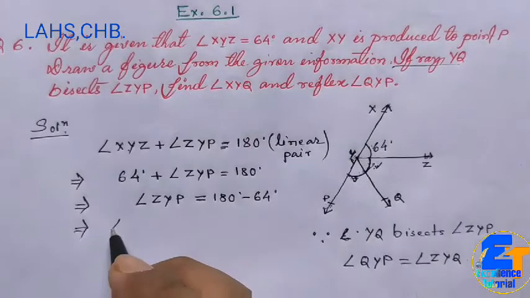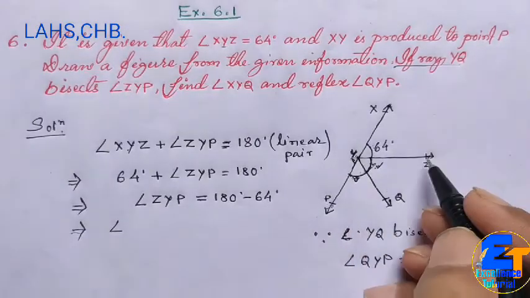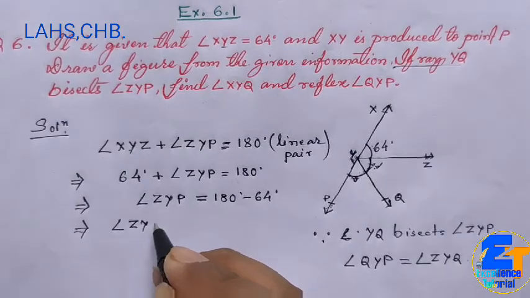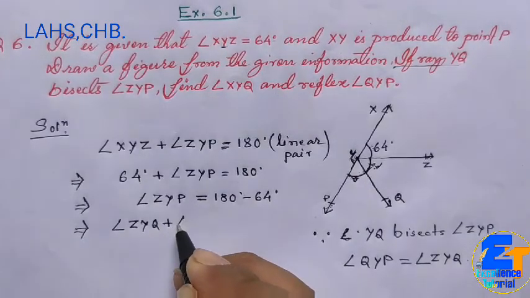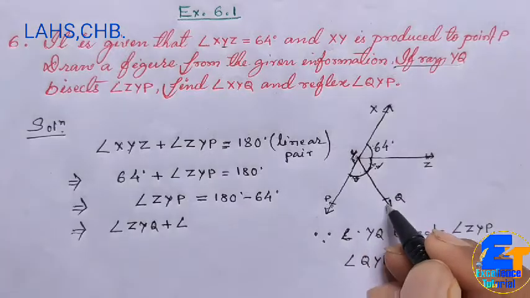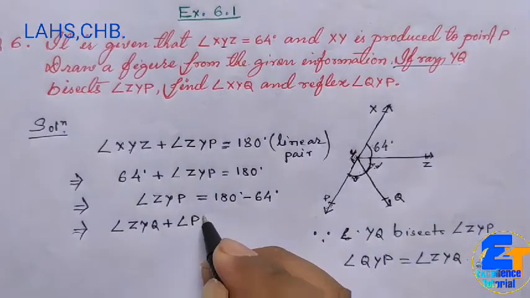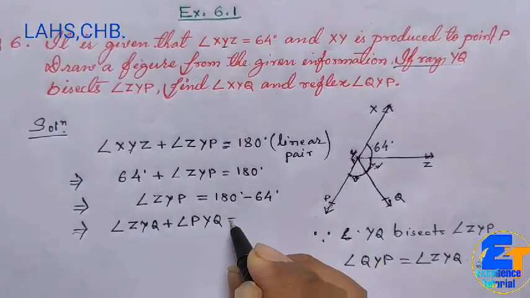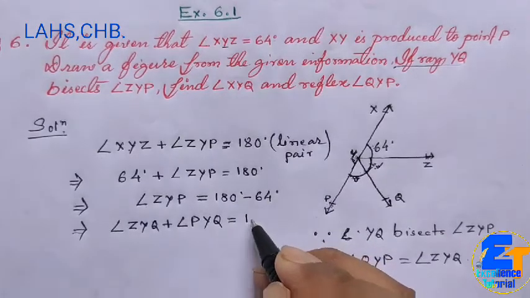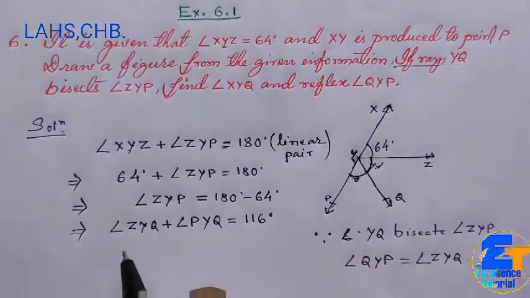Here we are going to write the sum of these two angles, ZYQ plus angle PYQ, and on subtracting 64 degrees from 180, we get 116.